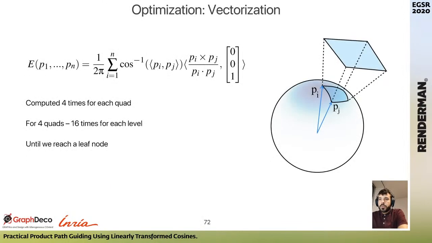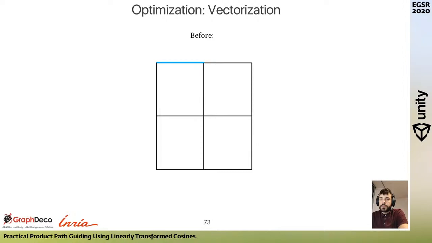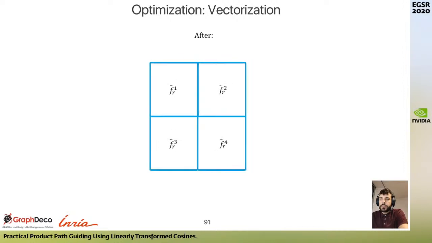For our vectorization optimization, let's look at the computation that happens again in each one of the quadtree levels. Thankfully, this is a good vectorization candidate, so let's see how we computed this before the vectorization optimization. And here is after our vectorization optimization.